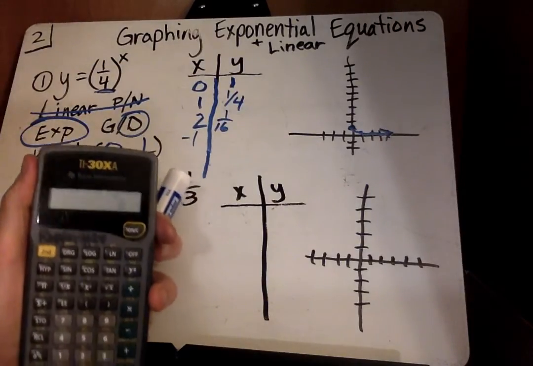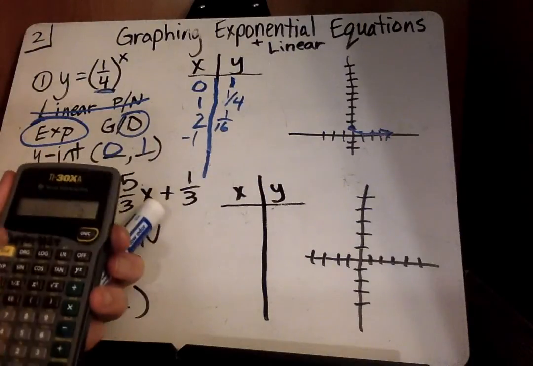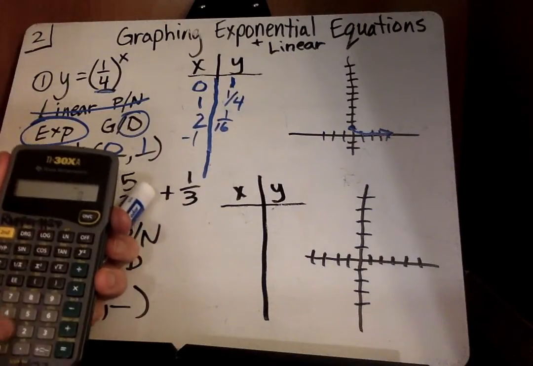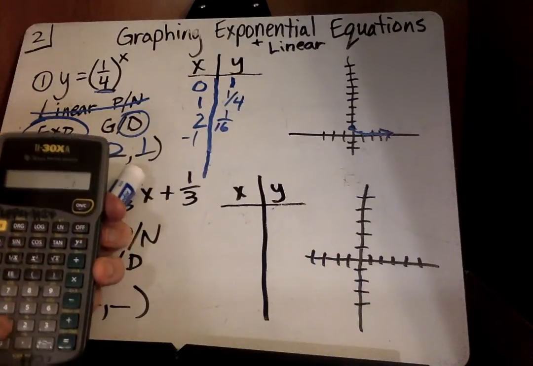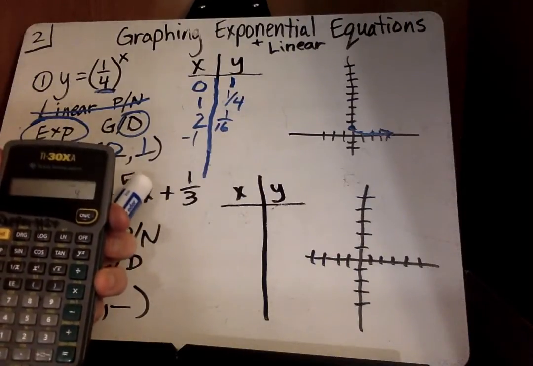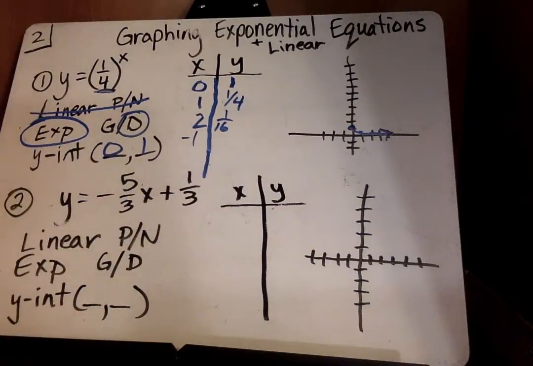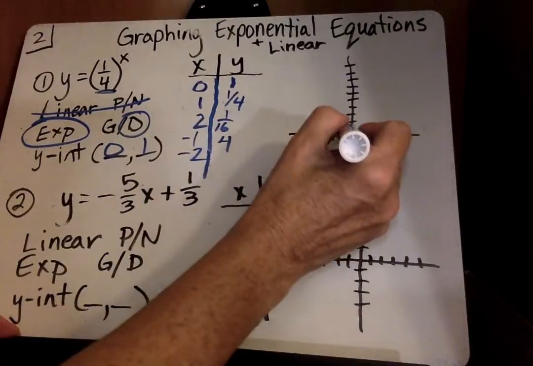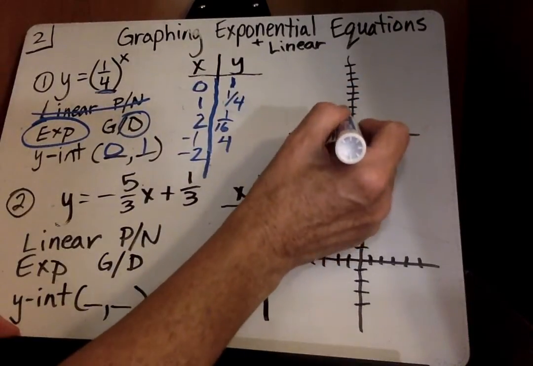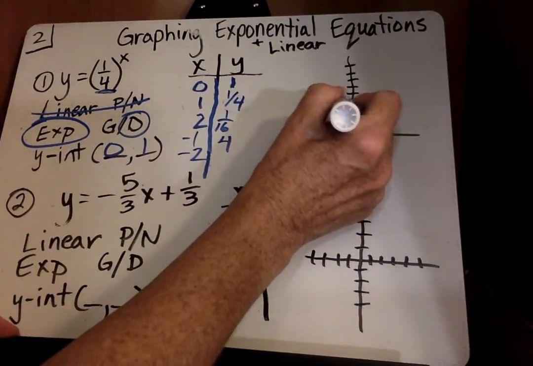again, I'll show you how to do this on the calculator. So I go 1, ABC, 4, y to the x, 1, negative, equals, and the answer is 4. So -1, 1, 2, 3, 4.